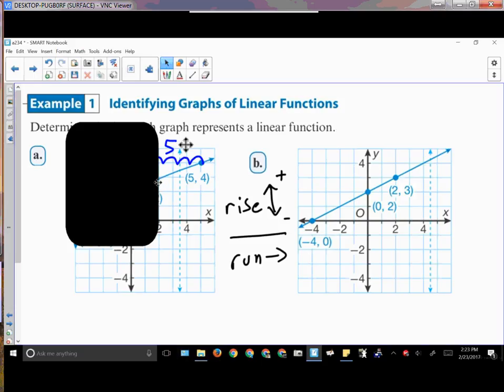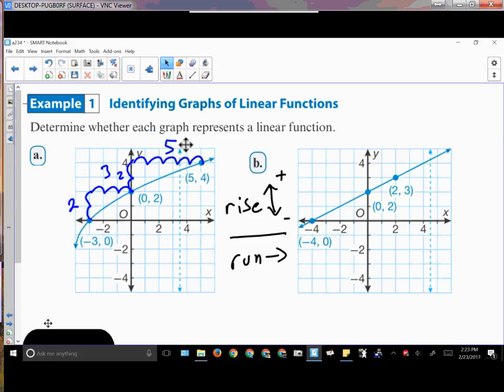If you take a look at some of the things that you guys draw out, it doesn't always look perfectly straight, so you have to go by the points.